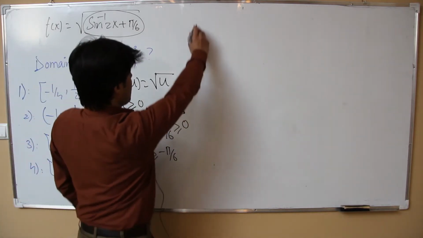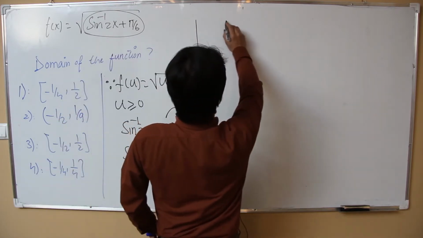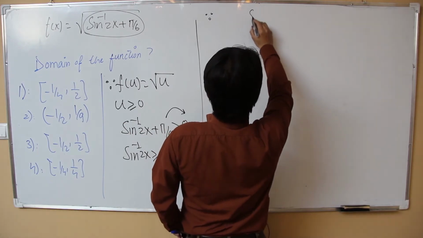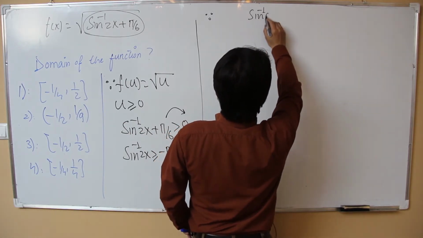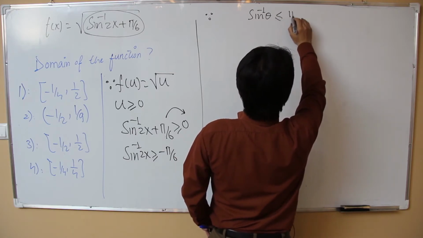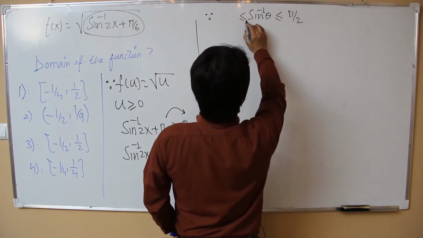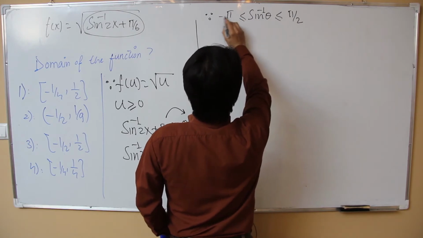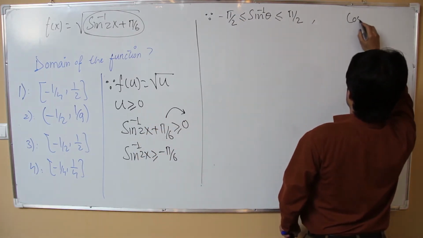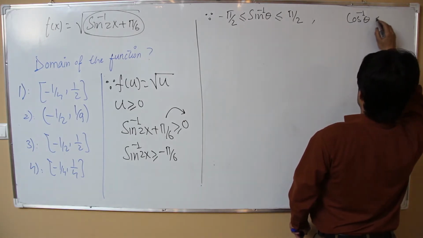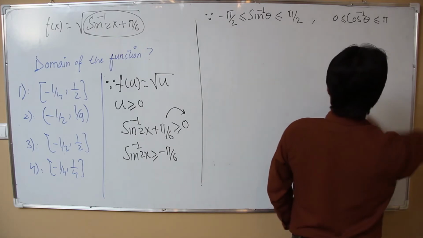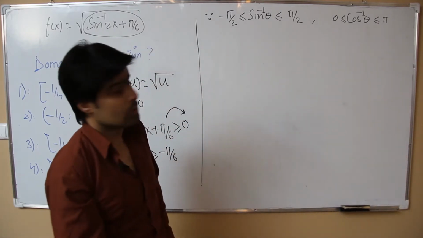Now we have the domain of sine inverse theta. It is equal or smaller than pi divided by 2 and equal or greater than minus pi divided by 2. And also for cosine inverse, it is smaller than or equal to pi and greater than or equal to 0.